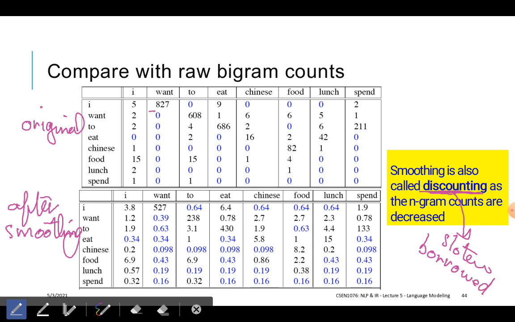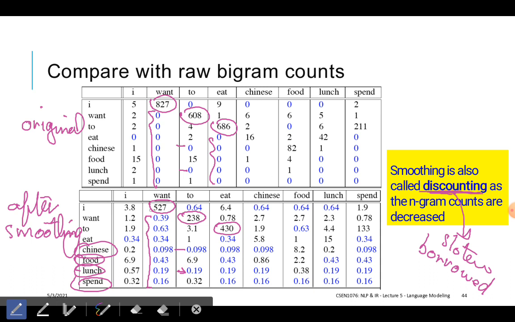You can see that all of the counts that were 0 before now have very different probabilities. Some of them are very small, some of them are quite large. It depends on the frequency of the preceding word, of course. But you can also observe that the counts that were originally high are now discounted to lower values, sometimes cut down by 2/3 even. You can see that the numbers here are quite different.